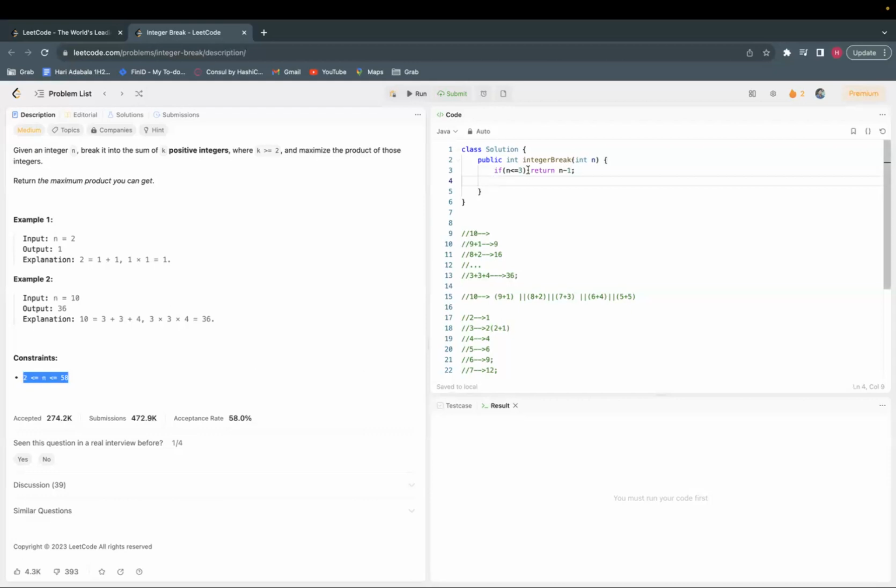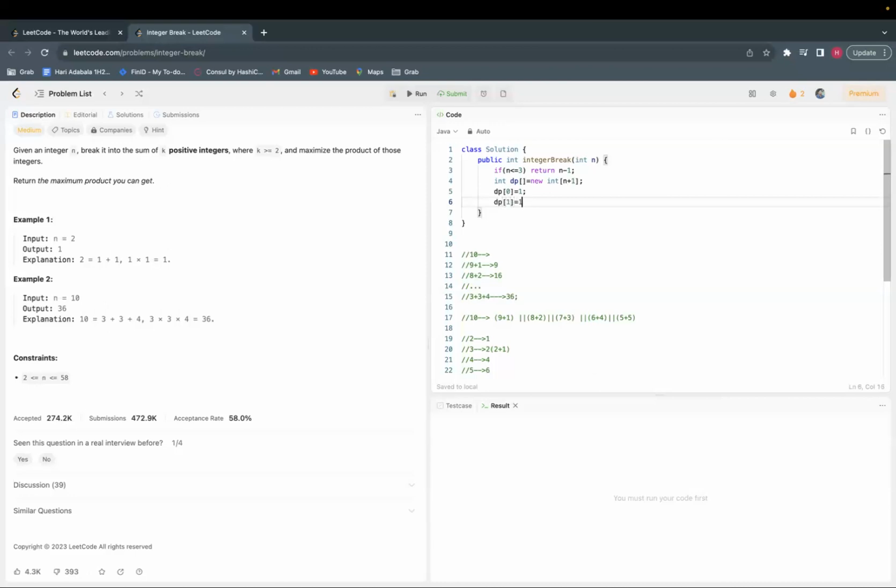After that, let's initialize dp of size n plus 1. Now let's put the values for a few cases. dp at 0 will not be used, we can just put some garbage value.